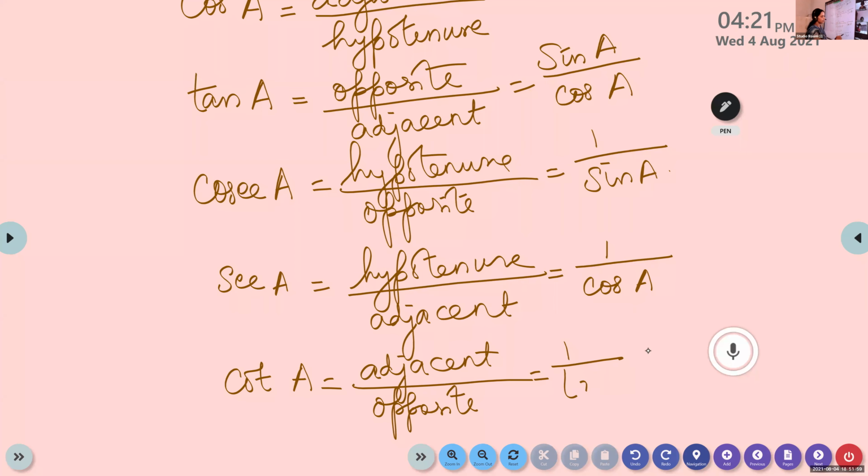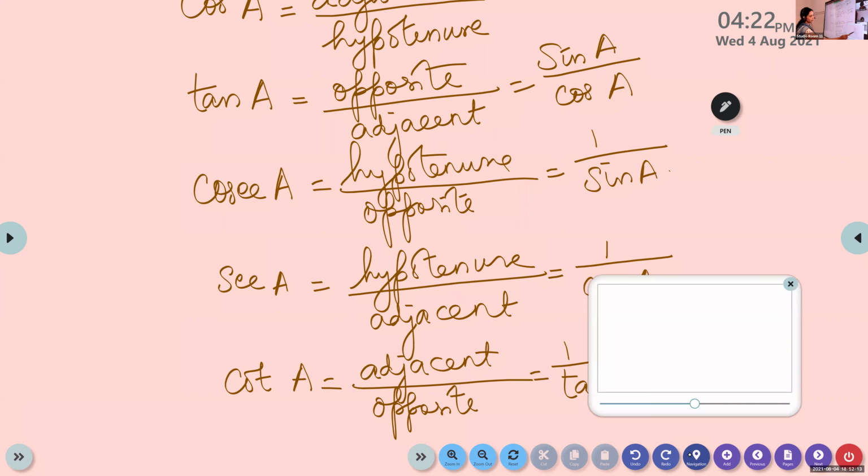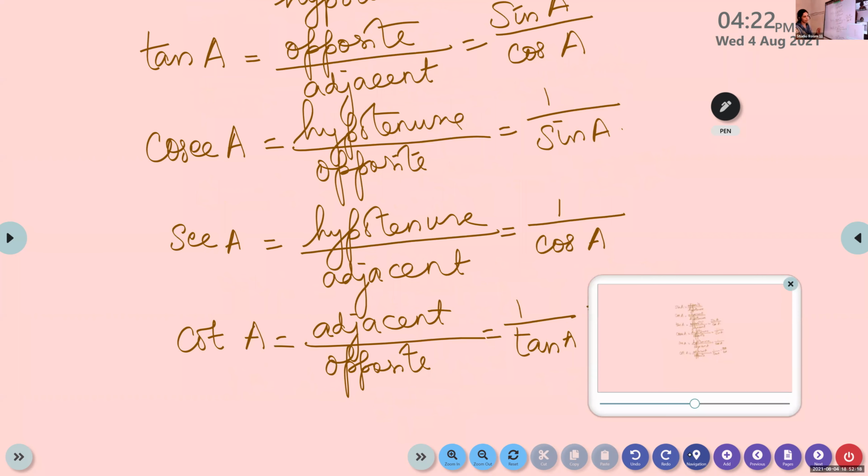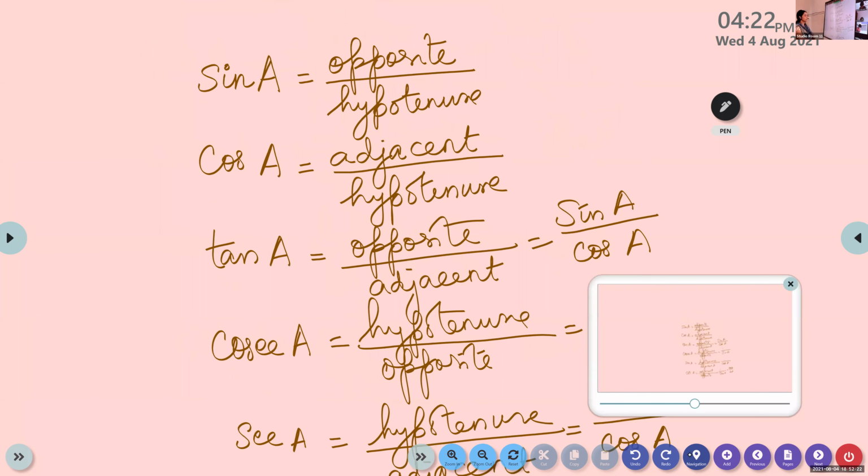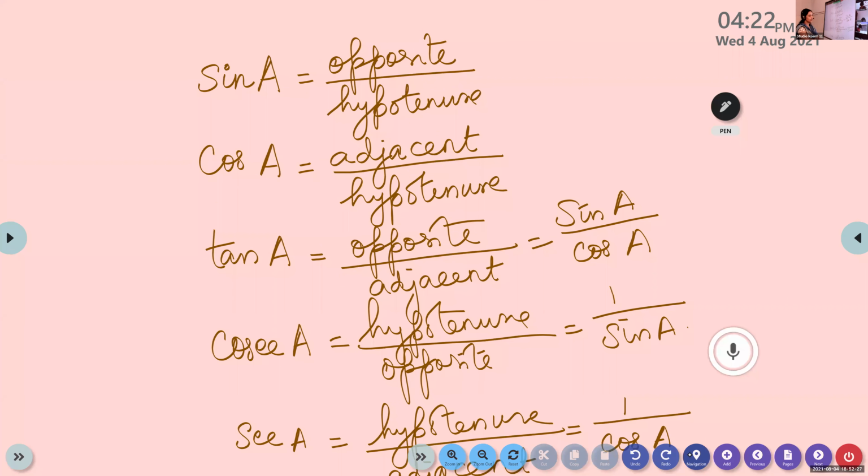It is 1 by tan A, which is the same as cos A by sin A. Once again, write all these formulas from the beginning. Write down all the formulas in your notebook, and in the next class, learn the formulas and come. Sin is opposite by hypotenuse. Cos is adjacent by hypotenuse. Tan is opposite by adjacent.